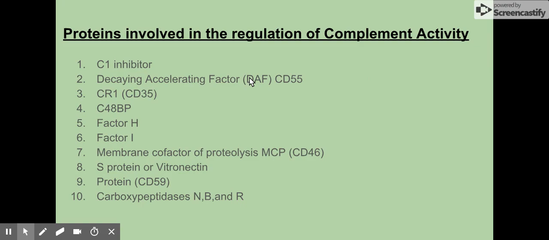Number three, which is your CR1 or the CD35, also can affect the classical, alternative and lectin pathways. Its function is that it blocks formation of or accelerates dissociation of the C3 convertases, C4b2a and C3bBb, by binding C4b or C3b.